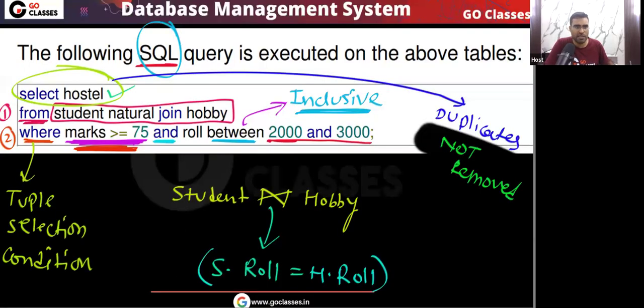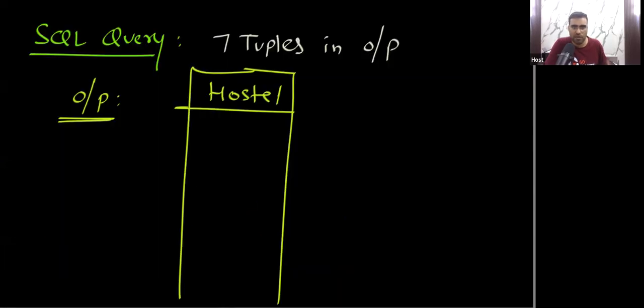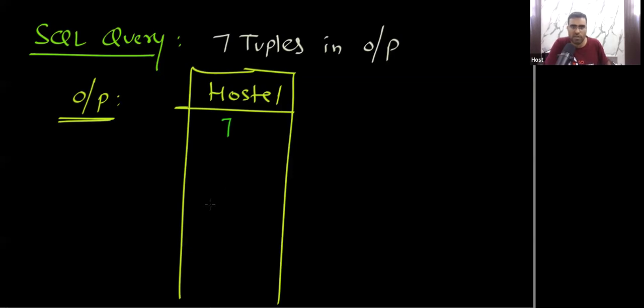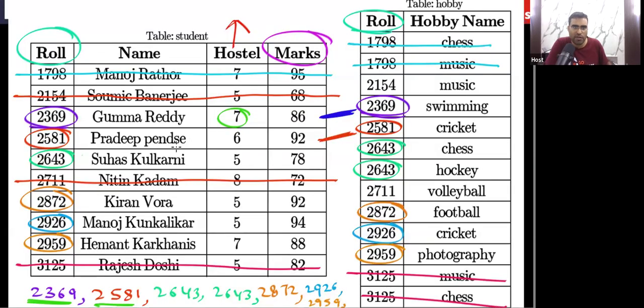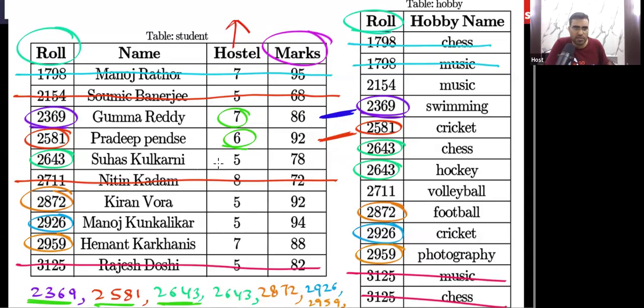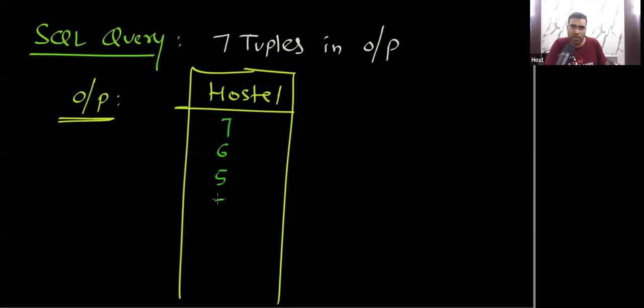Because of 2369, this 7 will come. Next, because of 2581, this 6 will come. Next, because of 2643, this 5 will come 2 times.